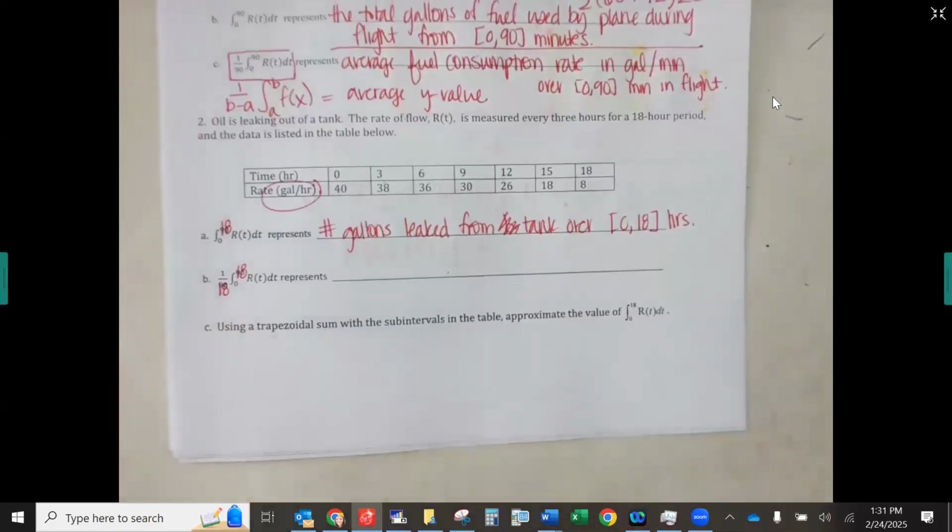Okay, then I'm going to take the total gallons leaked, divide it by 18 hours, and that would be the overall average rate of how fast the oil was leaking.